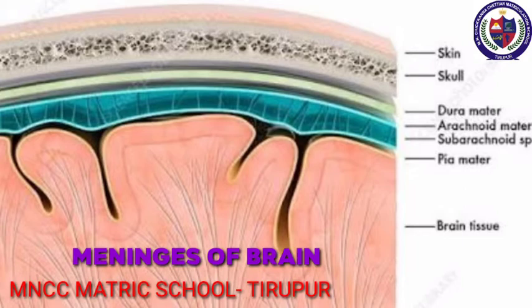Arachnoid membrane. Arachnoid means spider. It is the middle thin vascular membrane providing web-like cushion. Pia mater. Pia means soft or tender. It is the innermost thin delicate membrane richly supplied with blood. Meningeal membranes protect the brain from mechanical injury.